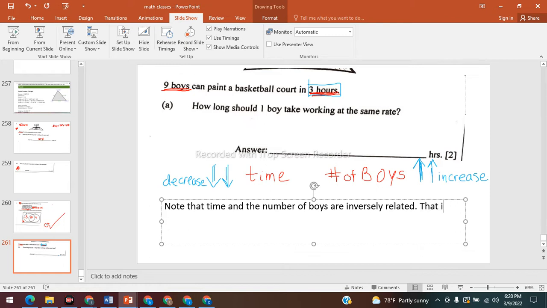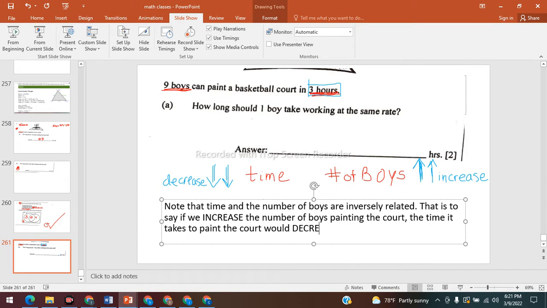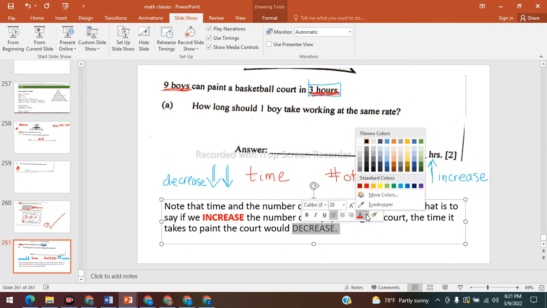That is to say, if we increase the number of boys painting the court, the time it takes to paint the court would decrease.